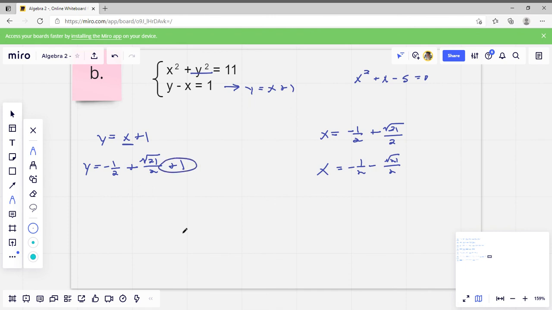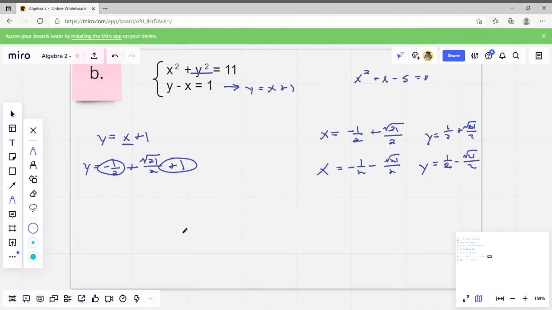So we can put these together. 1 minus 1/2 would be 1/2. So y equals 1/2 plus the square root of 21 over 2. And then this side would be the same thing. Y equals 1/2 minus the square root of 21 over 2.